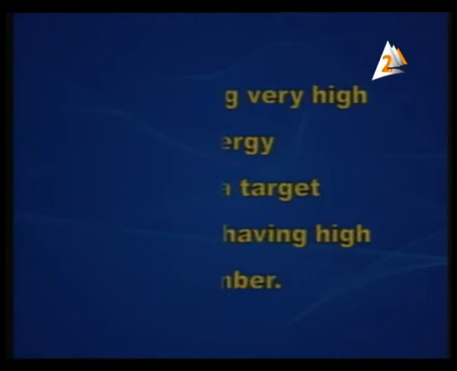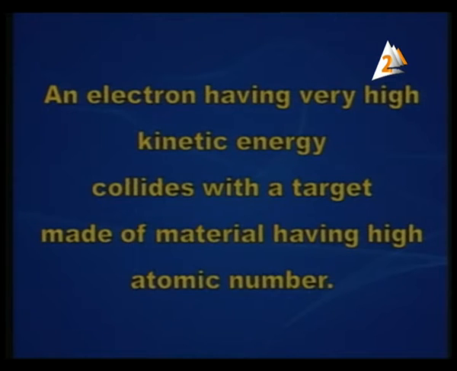What happens when an electron having very high kinetic energy collides with a target made of material having high atomic number? So we are talking about X-rays, and the bombarding electron has very high energy. So we expect the 2 spectra of X-rays to be produced.